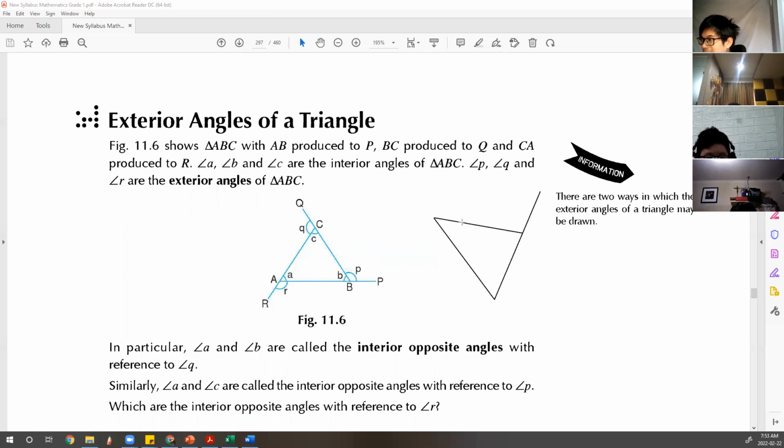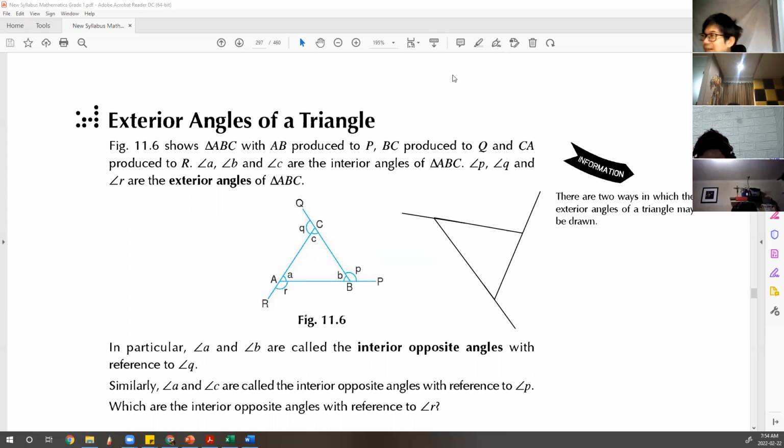You can extend here, or you can extend like this also, up to you. You can do it as you wish.